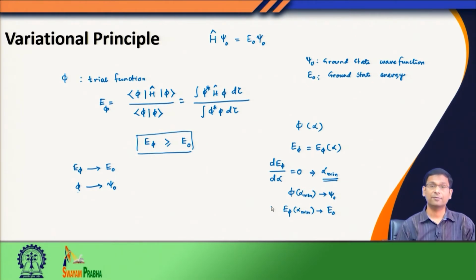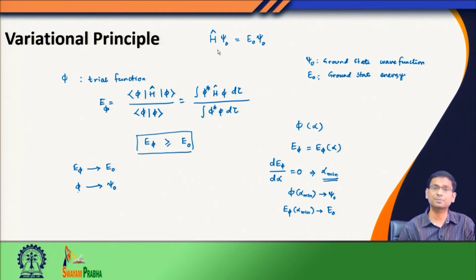Of course, when we are looking at the variational principle, it is very important what kind of trial function we are taking. For example, just to give you an idea, if a Hamiltonian is very complicated, I do not know its solution. Suppose my Hamiltonian is the simple particle in a box problem. In that case, psi 0 I know they are sine functions.